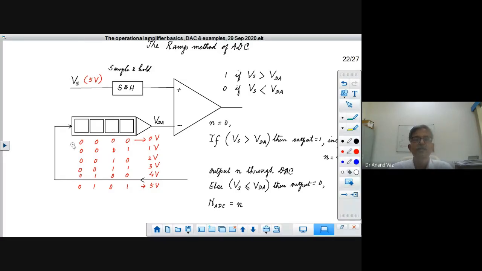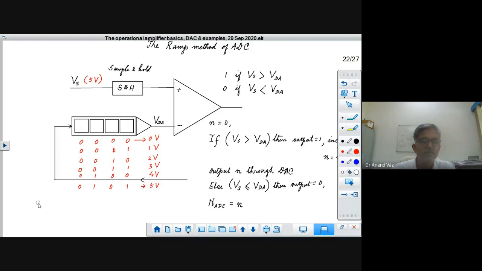So if your signal is towards the upper end of the range, you will have to count more. It's going to take more time because this algorithm involves more steps. And if your signal is lower in magnitude, this algorithm is going to take fewer steps.